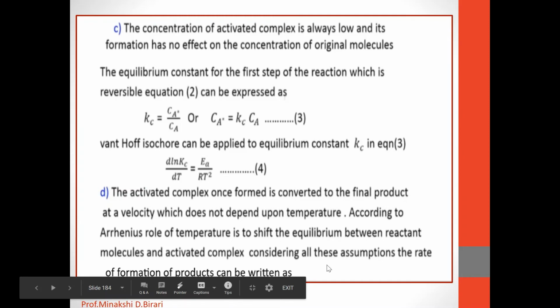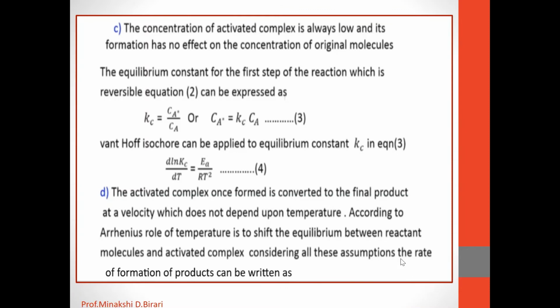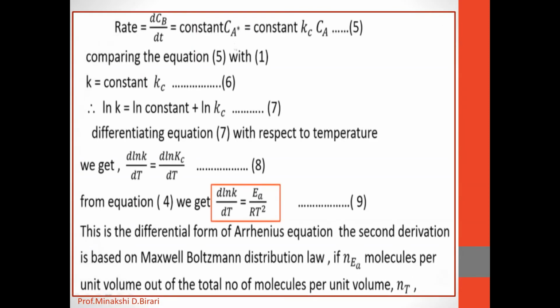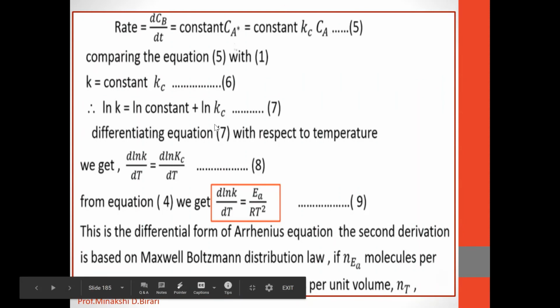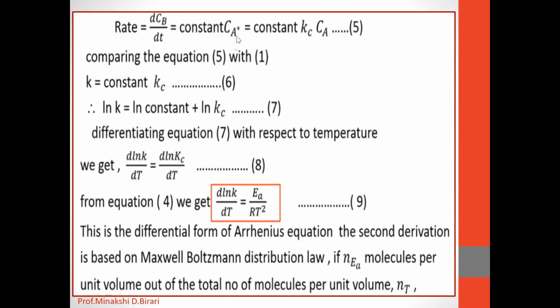Considering all these assumptions, the rate of formation of products can be written as rate is equal to dCB upon dt is equal to a constant C times the activated complex CA star, which is equal to constant times Kc into CA. We give this equation number 5. If we compare equation 5 with equation 1, we get K is equal to constant into Kc. This is equation number 6.